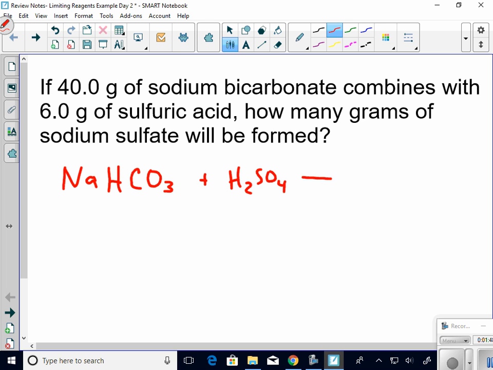So sulfate tells us one of the products, sodium sulfate. The other product then, if we switch, because this is a double replacement, is going to be an acid, and that's going to be carbonic acid, H2CO3.